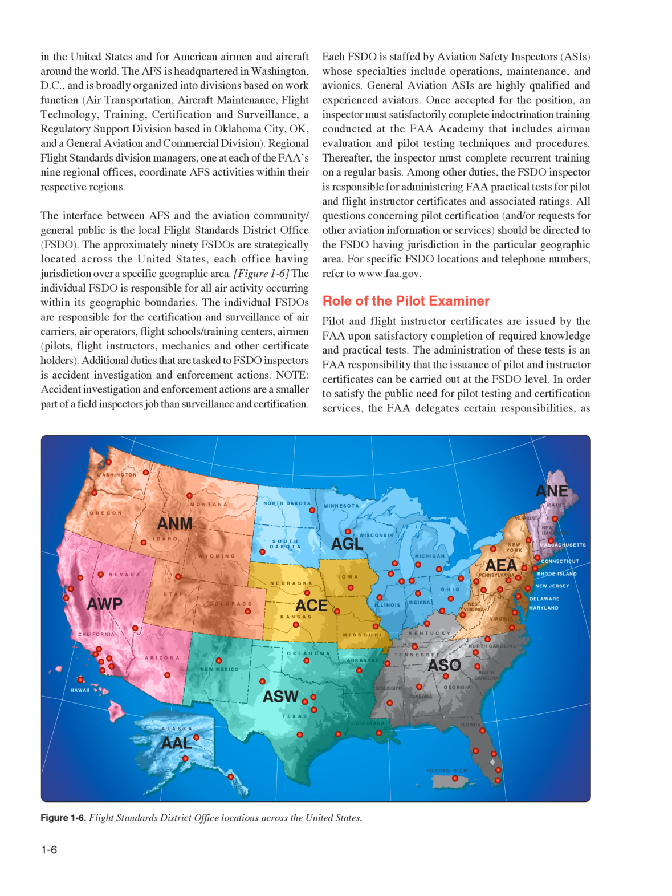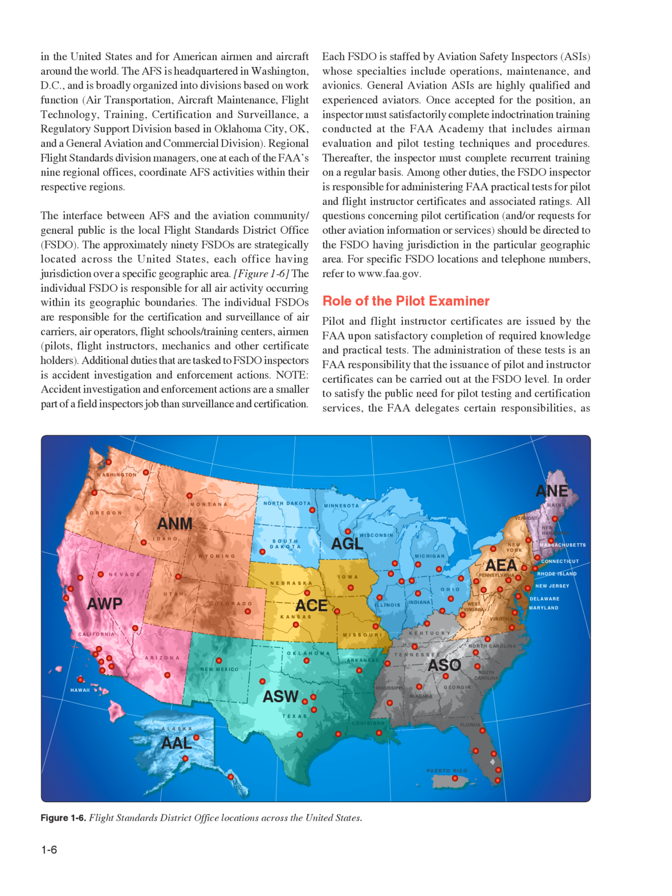The interface between AFS and the aviation community/general public is the Local Flight Standards District Office, FSDO. The approximately 90 FSDOs are strategically located across the United States, each office having jurisdiction over a specific geographic area. Figure 1.6: the individual FSDO is responsible for all air activity occurring within its geographic boundaries.